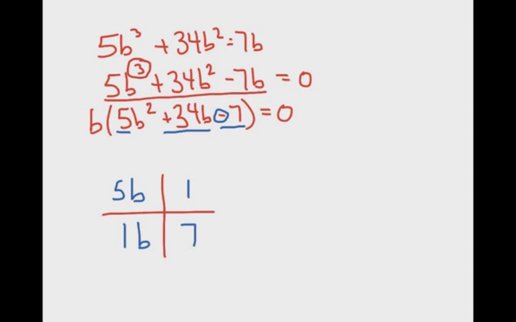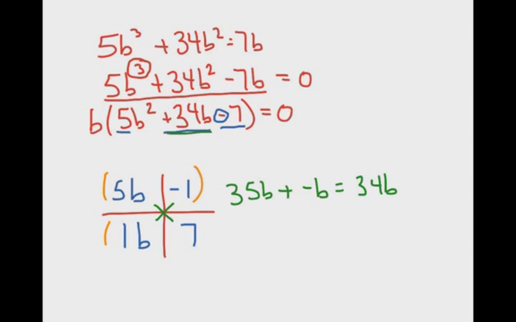That means we make our 1 a negative. Now we cross multiply. 5b times 7 is 35b plus 1b times a negative 1 is negative b, and that equals our 34b, which is exactly what we were looking for here, so we know this works.